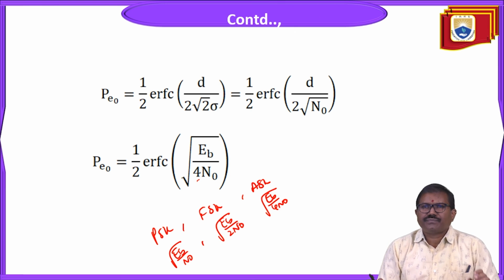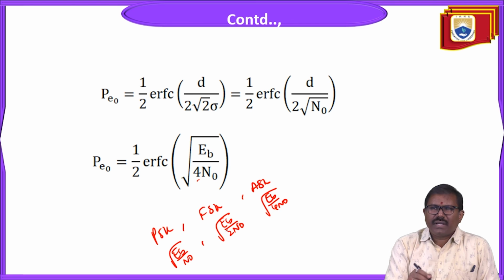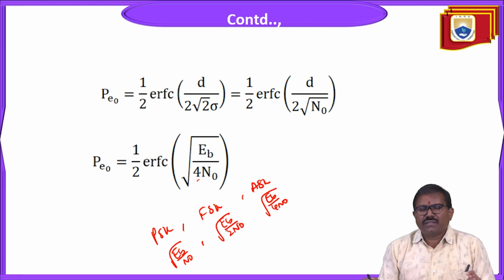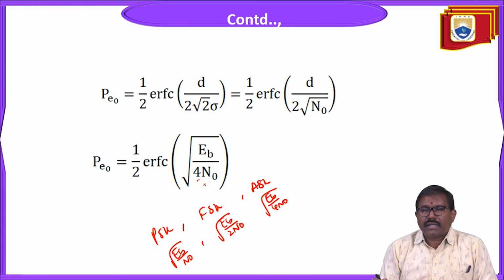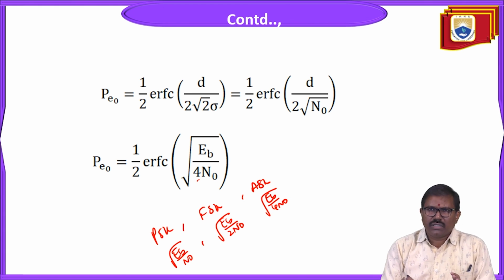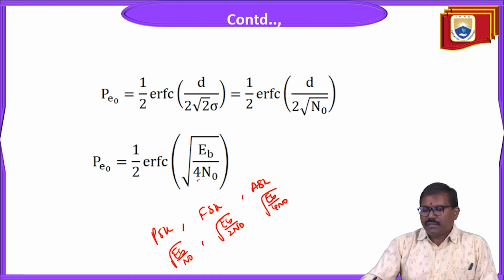Thus you can see the error complementary function. The remaining is the same, 1 by 2 ERFC, so I am not speaking about that. But in the error complementary function the factor increases in the denominator like this.